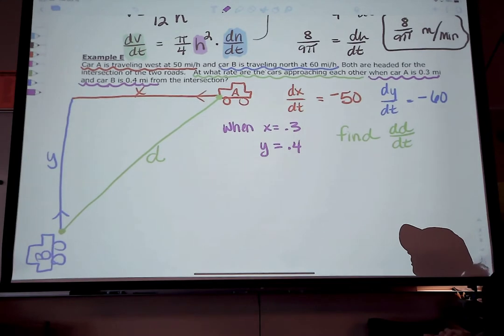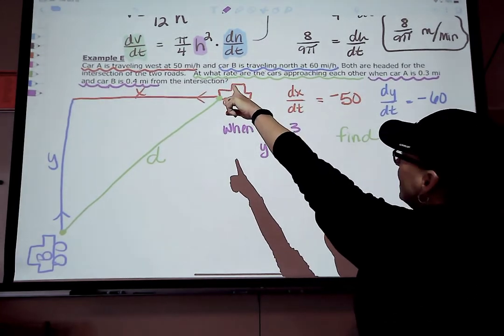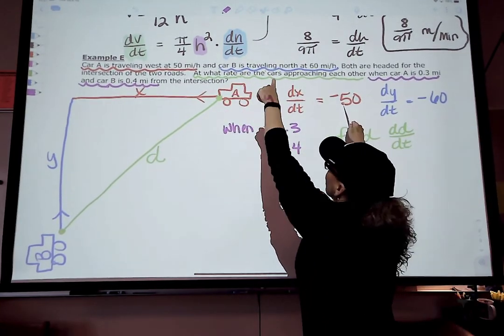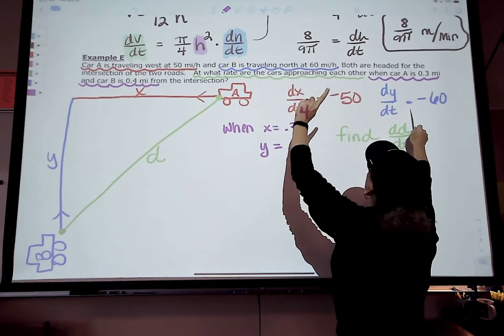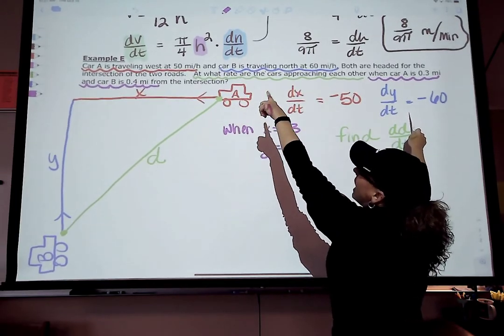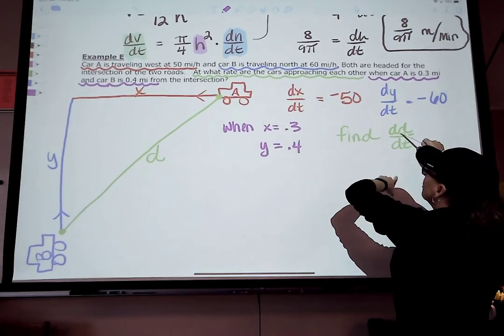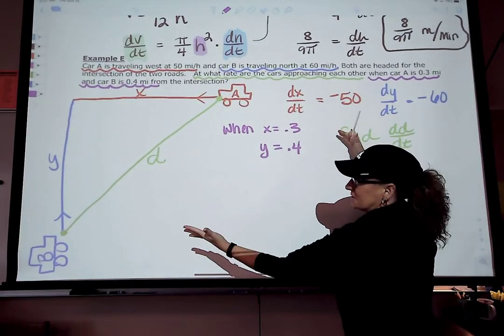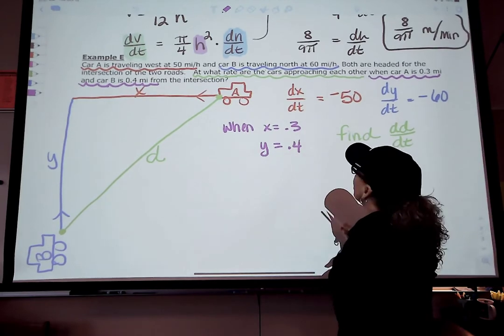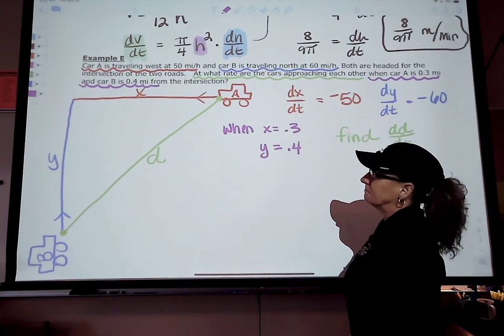I think I've got it all. I got car A, I got their rate, I got car B, I got their rate, they're headed for the intersection. At what rate, find how the cars are approaching each other, so the distance between the cars.